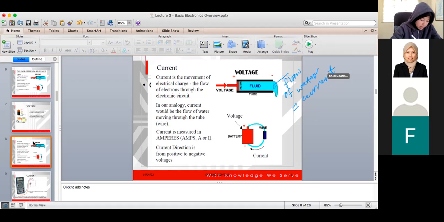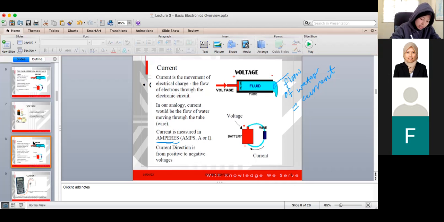Current is measured in ampere. Okay, current direction is from positive to negative. Dia terbalik dengan elektron from negative to positive kan, pergerakan elektron. Bila ada pergerakan elektron daripada negatif ke positif, maka akan ada current yang flow from positive to negative.